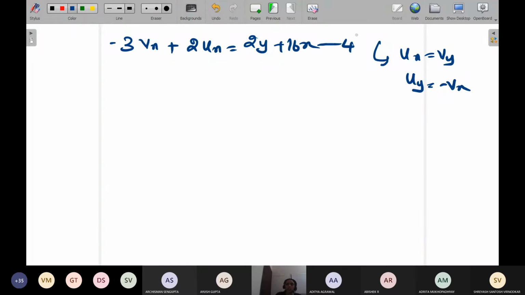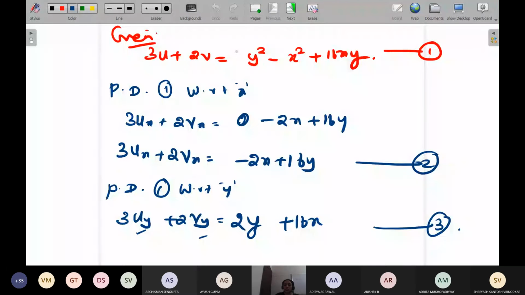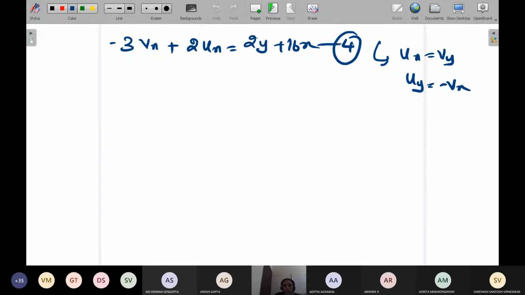Can anyone solve equation number 2 and 4 and tell me the value of ux and vx?